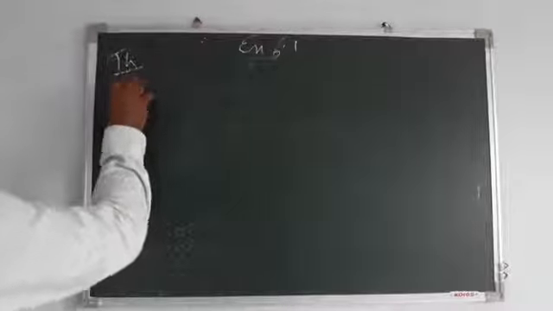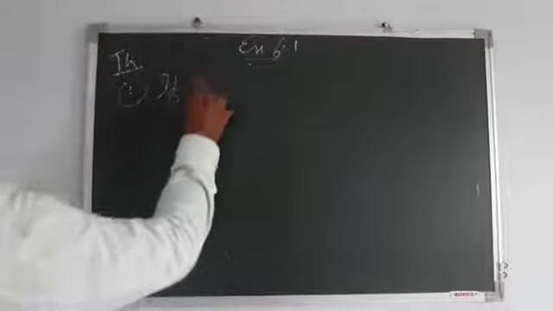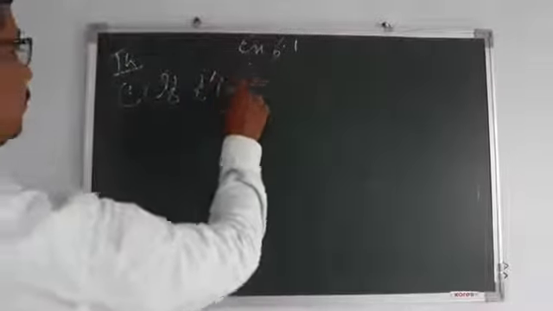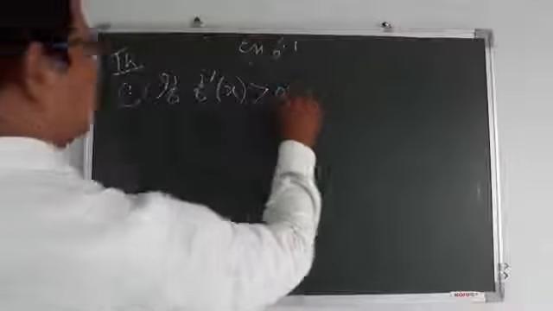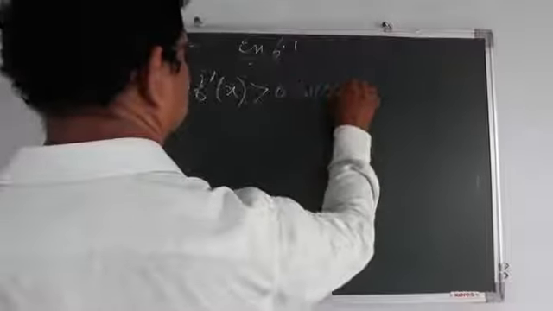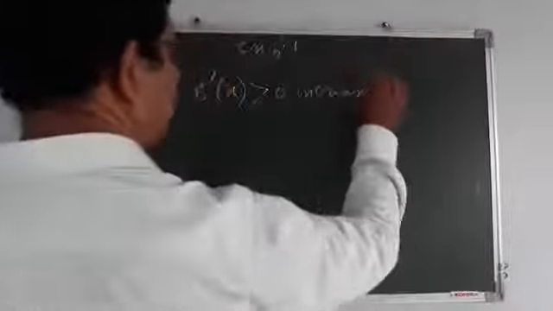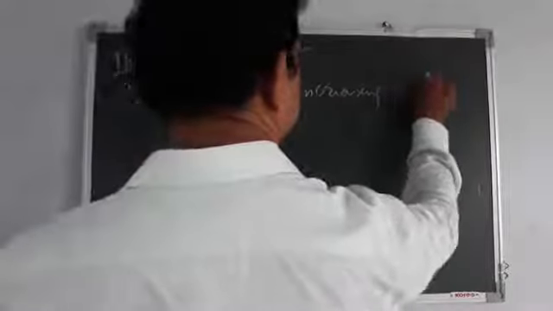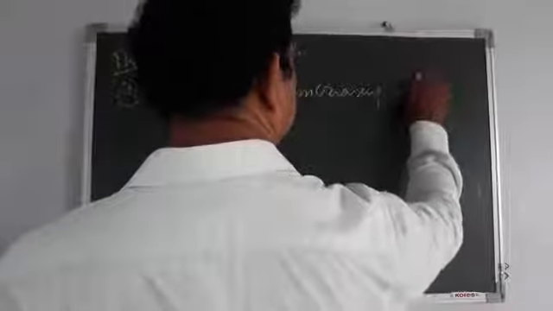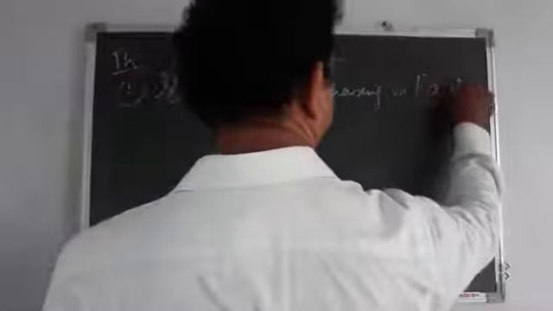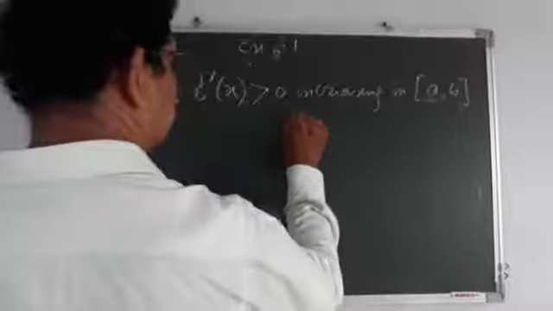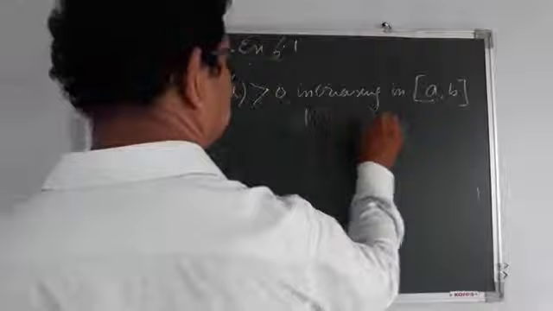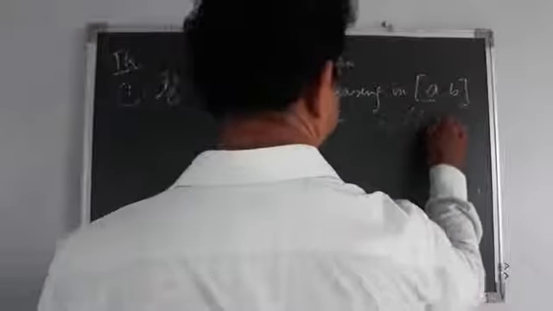First one, if the first derivative of f(x) is greater than 0, it is increasing in the closed interval AB, and strictly increasing in the open interval AB. So what is the difference?